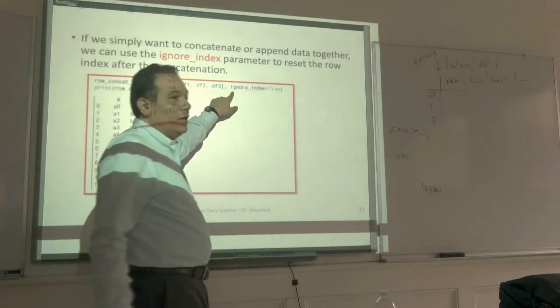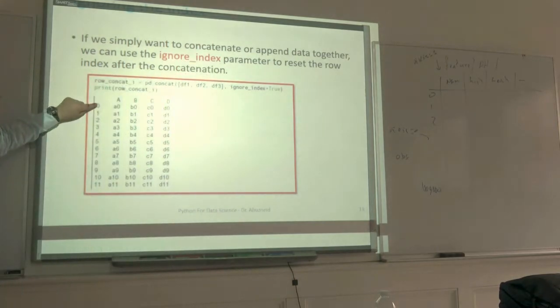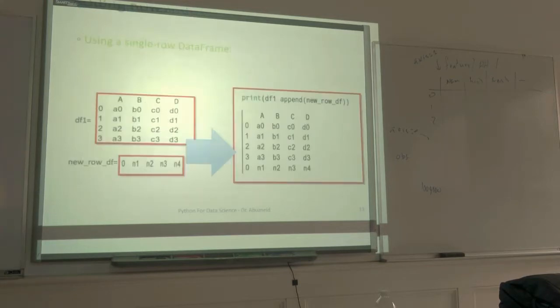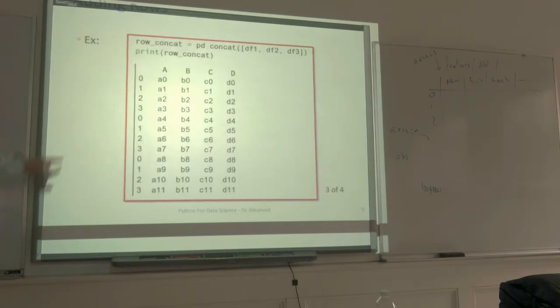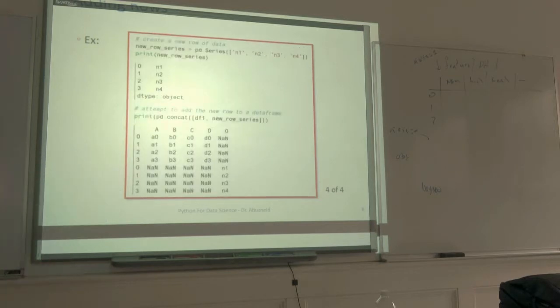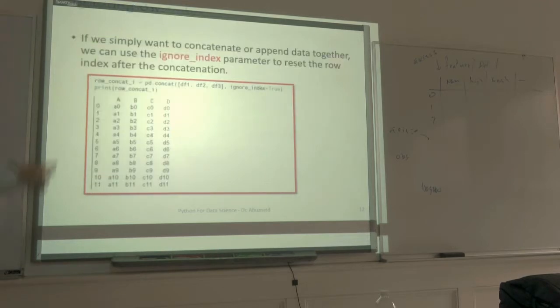And I said to ignore the index. That's why it is now 1, 2, 3, 4 up to 12. Before, if you remember, we did not ignore the index. When you ignore the available index, it just starts fresh and puts them for you with a new index.